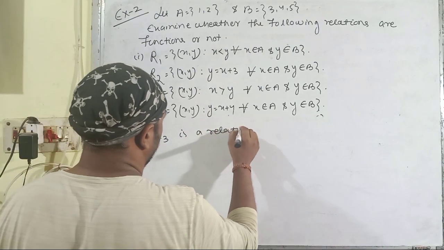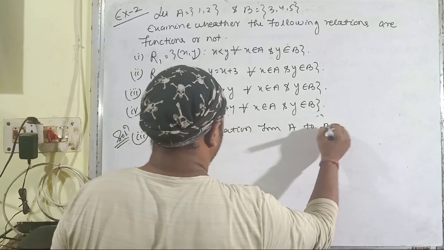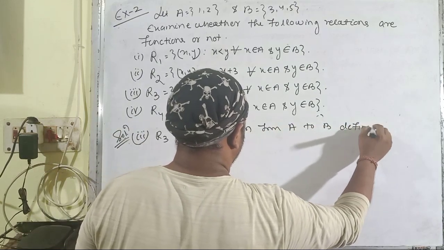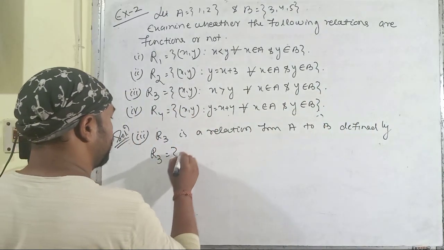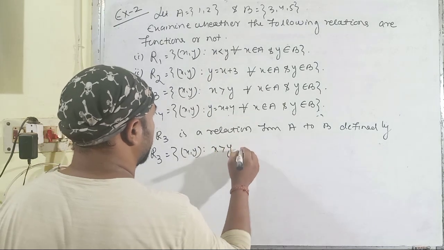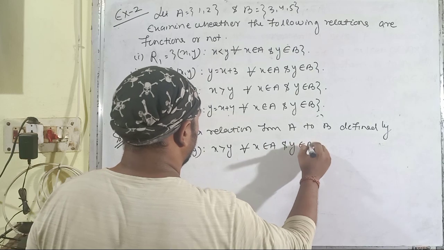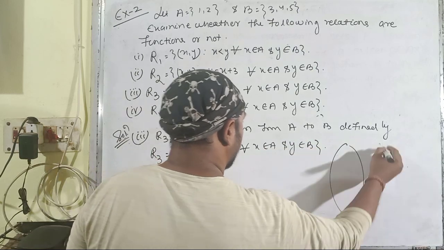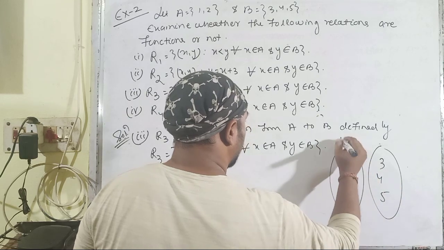R3 is a relation from A to B defined by R3 is equal to the collection of all ordered pairs such that x is greater than y, where x belongs to A and y belongs to B. 1, 2, 3, 4, 5.